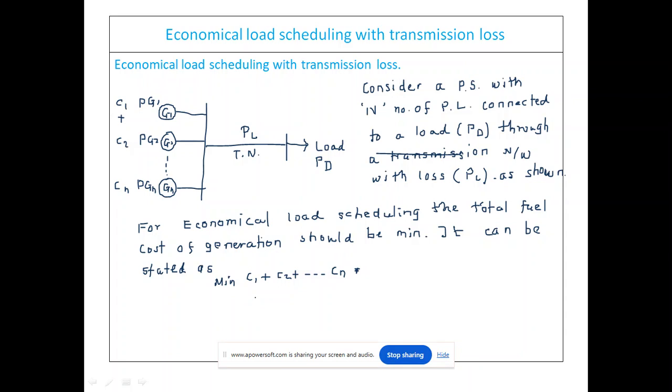In terms of summation, we can write the sum of Ci, where i varies from 1 to n number of plants. Because the cost is a function of generation, I'm writing in brackets that it is a function of generation, and it should be minimum. This equation is called the objective function.